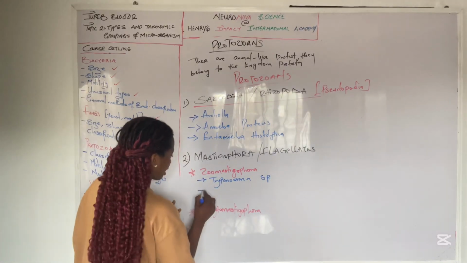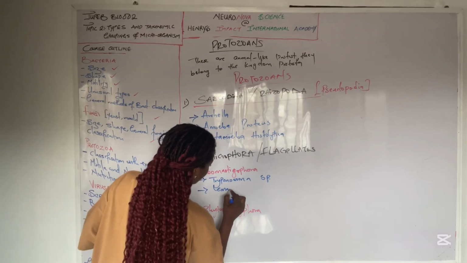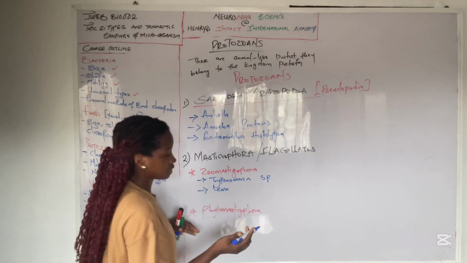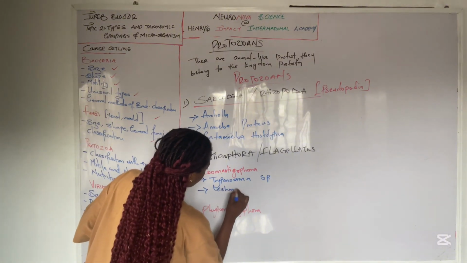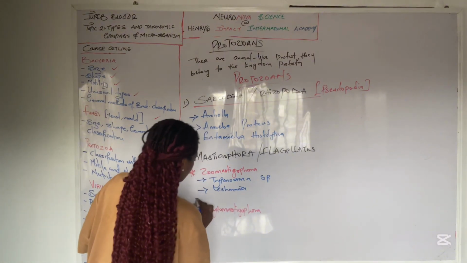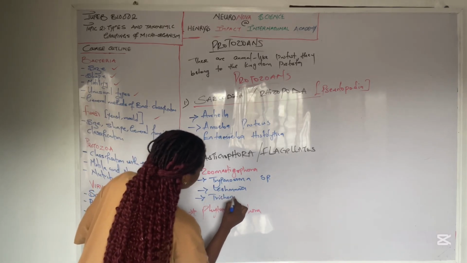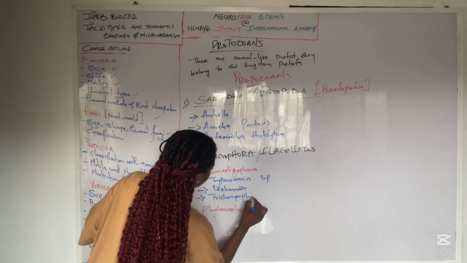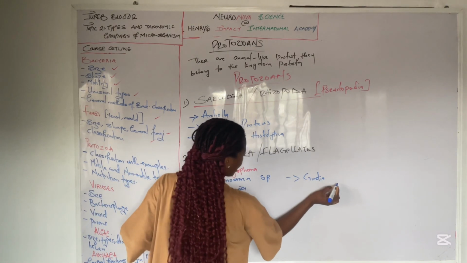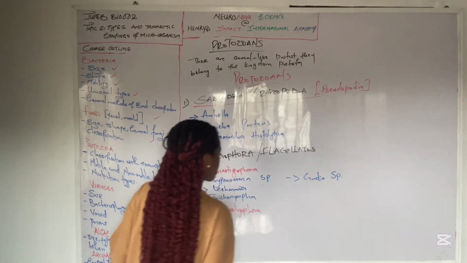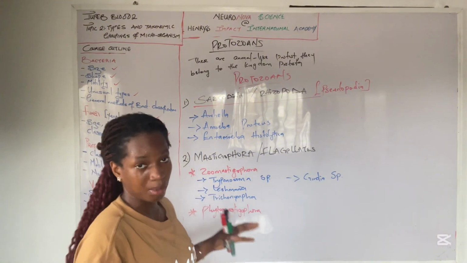You have Leishmania, which causes leishmaniasis. You have Trichonympha, and Giardia species. There are various other examples of Zoomastigophora.